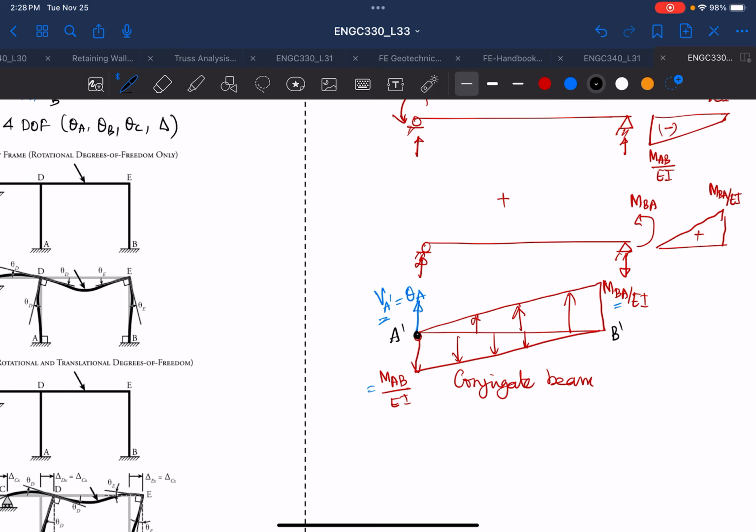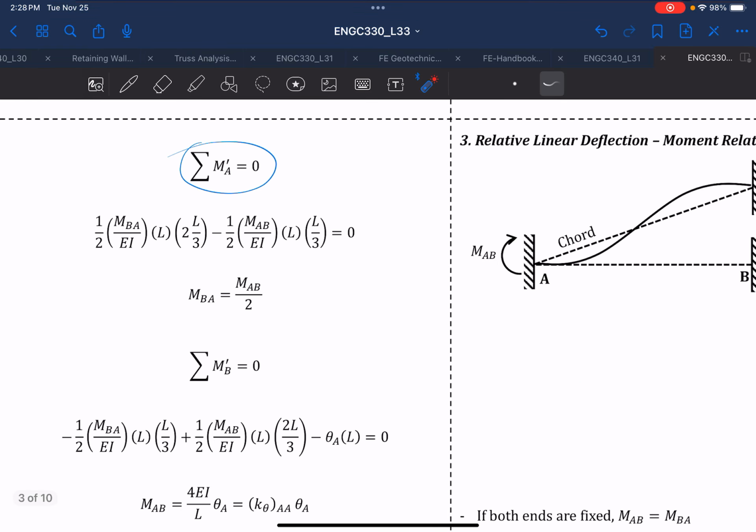If you take a moment about A, the load distribution will cause a counterclockwise moment, and the other load will cause a clockwise moment. So MBA will cause a counterclockwise moment, and MAB will cause a clockwise moment. So that's what we did here.